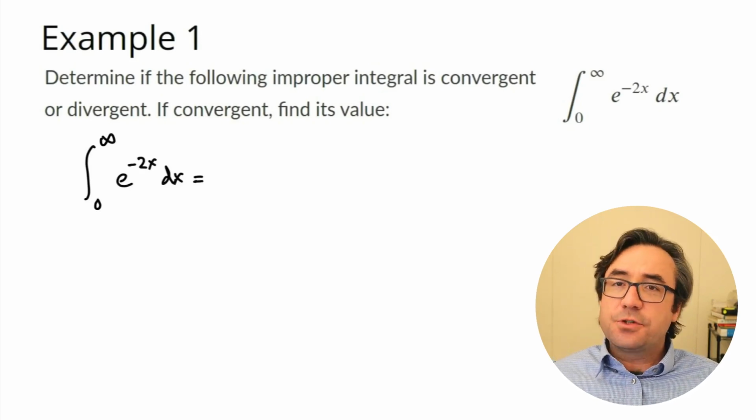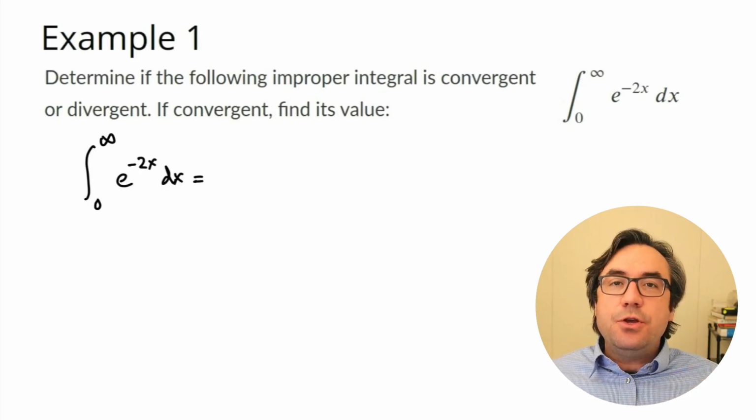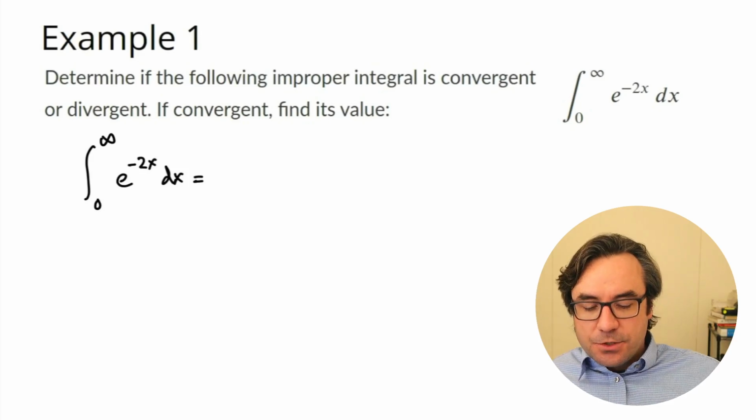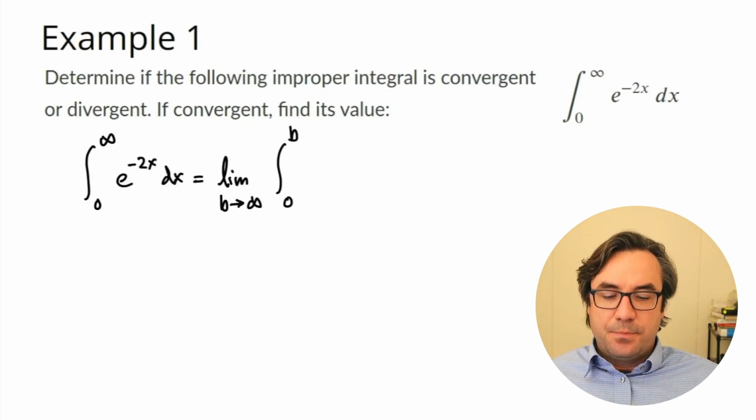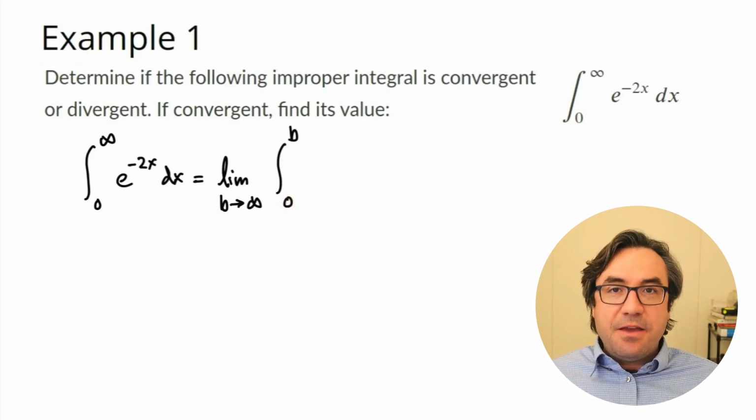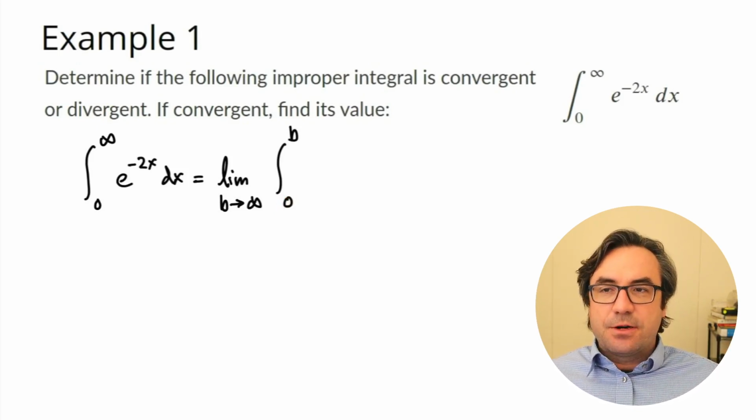Our very first step is to use our limit definition. We're going to rewrite this as a limit. So we're going to do the integral from 0 to b. We're going to keep our bottom endpoint, the a value, fixed at 0, but we're going to extend the upper limit.